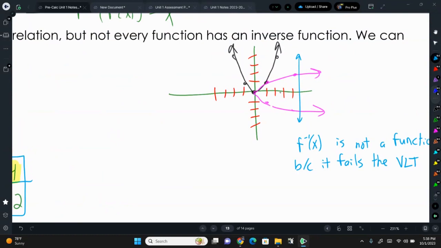If we were to draw a horizontal line through the original, we see that we touch 2 times. That tells us that when we do the inverse, the inverse will fail the vertical line test. So we can perform the horizontal line test on the original to determine if the inverse is a function or not.